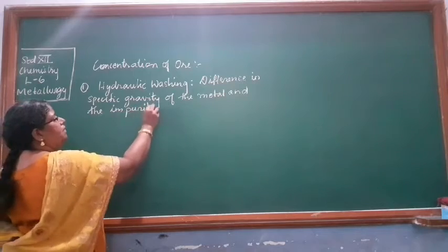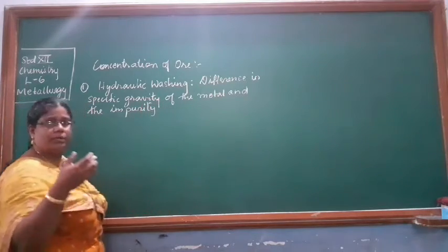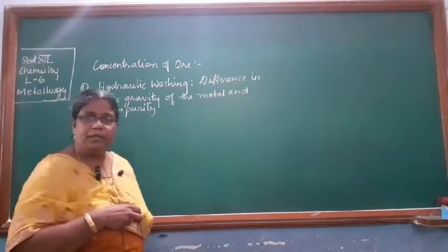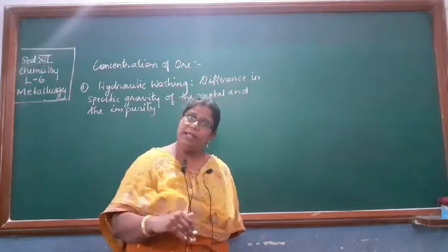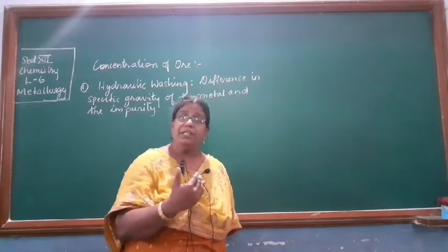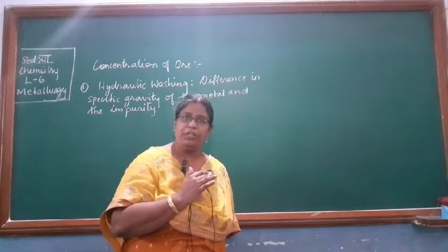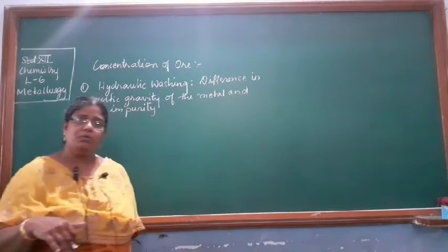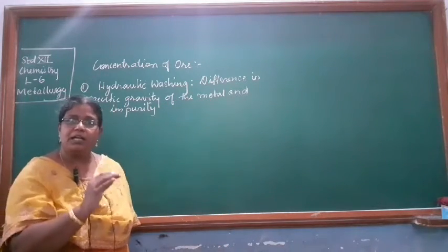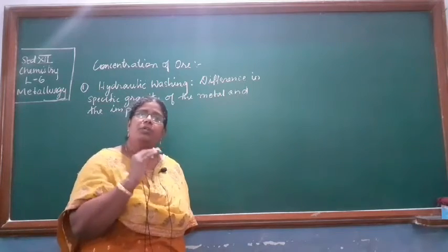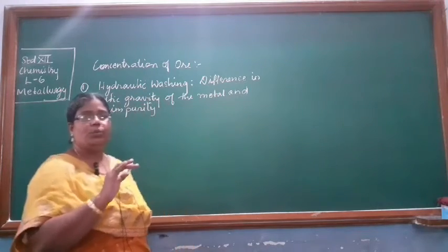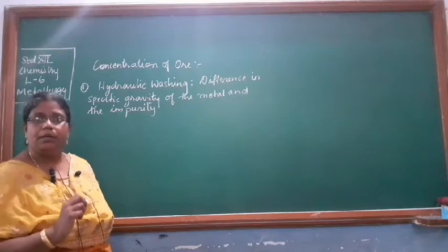You may find that the impurity is heavier than the metal, then impurities will settle while the lighter metal particles flow away. Or it can be the other way round, that impurities are lighter than the metal, so impurities will flow along with water, leaving behind the metal.